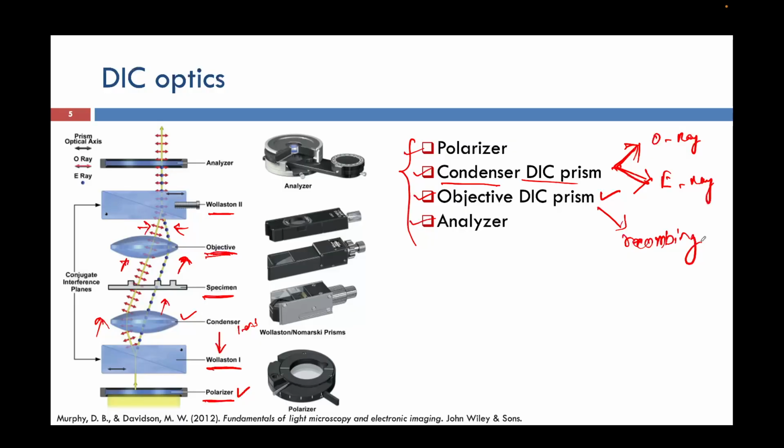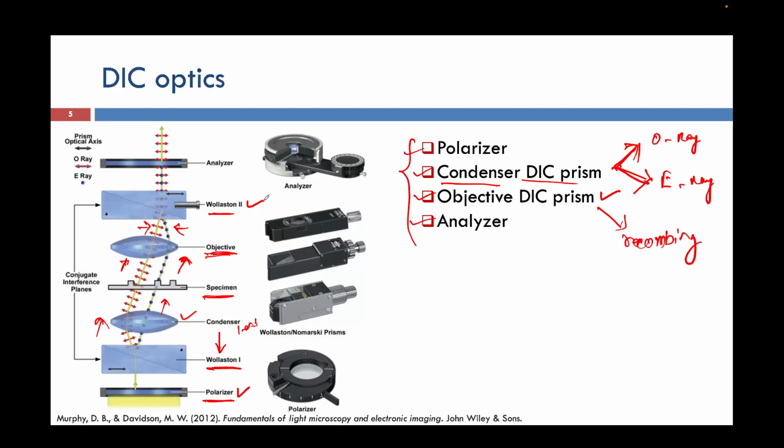The role of this Wollaston 2 prism is important out of all these four components, to create interference and also to create image formation.